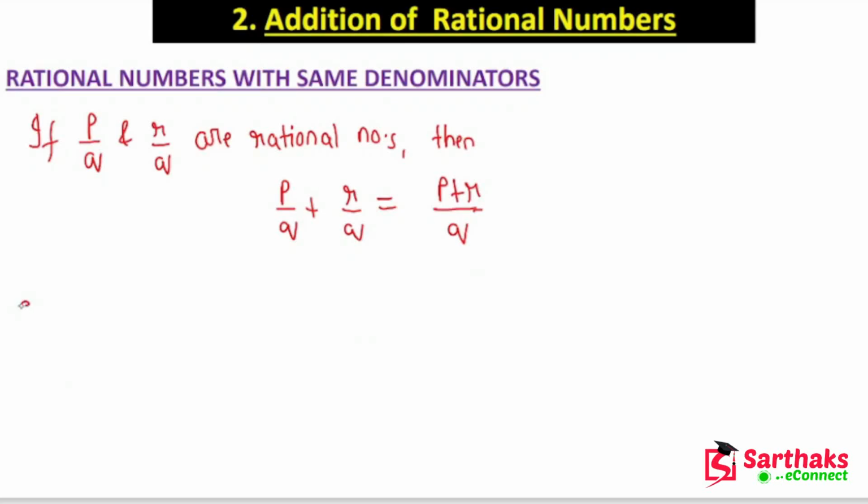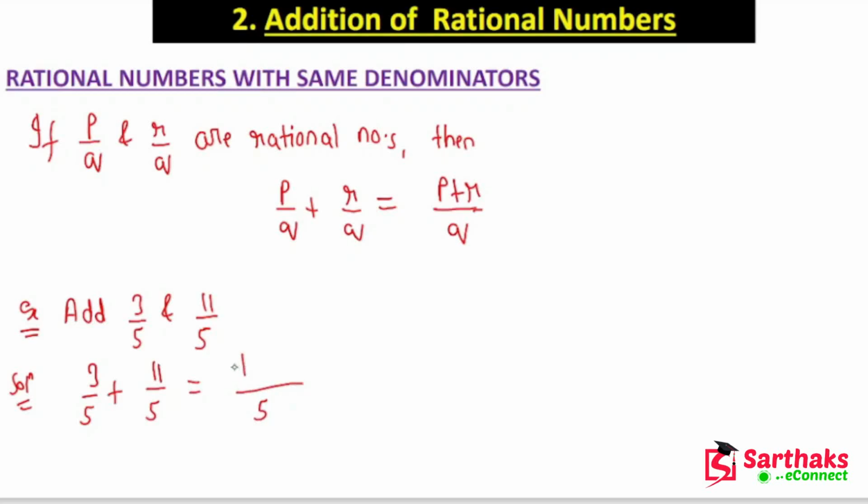Let me present an example. Let us add 3 upon 5 and 11 upon 5. Now 3 upon 5 plus 11 upon 5 is nothing but 3 plus 11 upon 5.